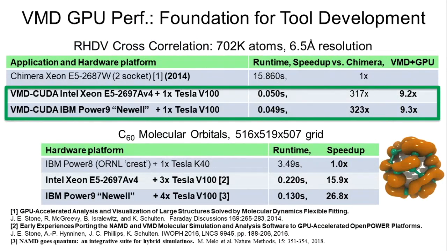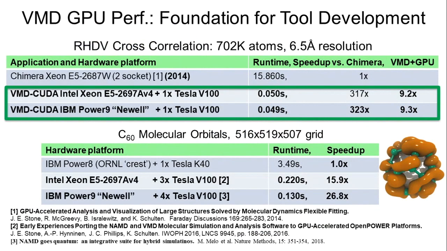And over many generations of GPUs and writing our code better and so on, if you do that today on a state-of-the-art Volta GPU, the same thing can be done in 5/100ths of a second with the newest version of VMD. And so we put a lot of effort into that because we knew that people didn't want to do that calculation on just one frame. We wanted to measure quality of fit over the course of the simulation as the fitting method improved. And so this is an example.